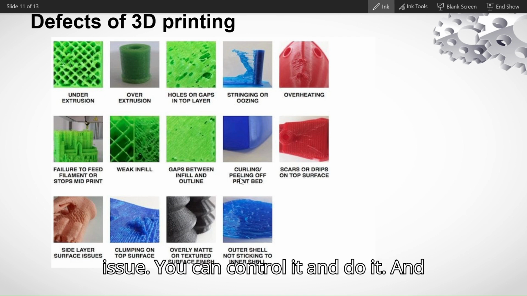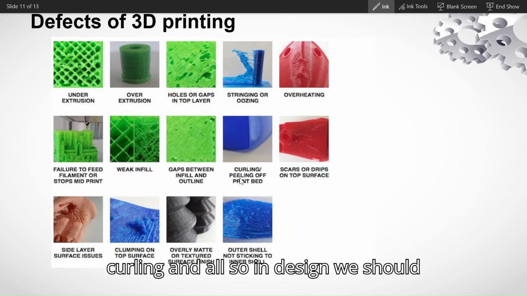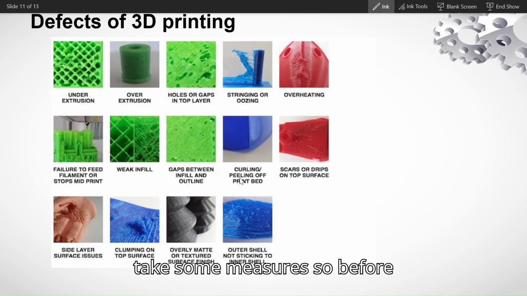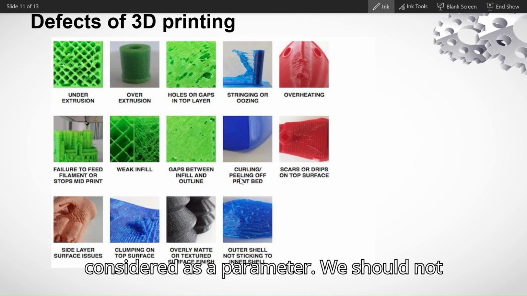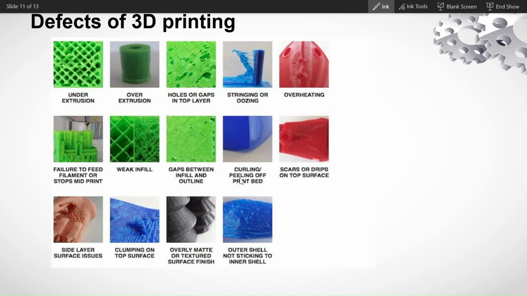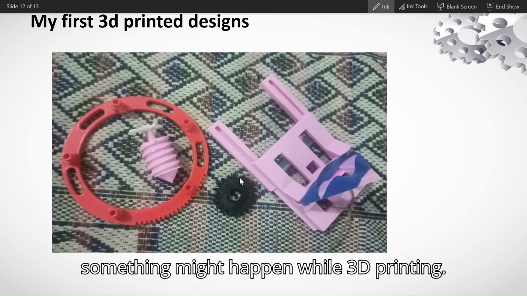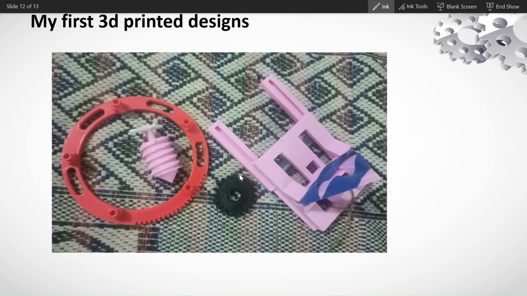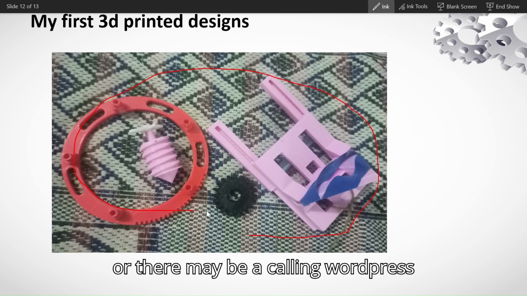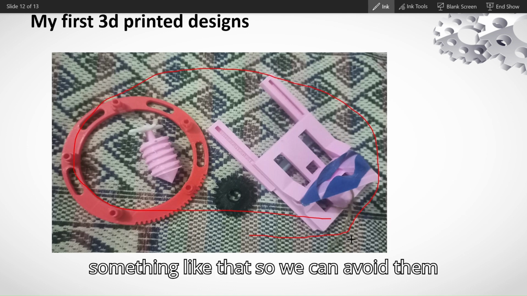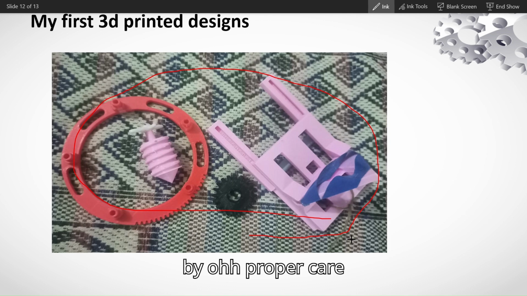For curling, in design we should also take some measures. Before designing, this should be considered as a parameter. We should not do this kind of design, because something might happen during 3D printing, like curling or warpage. We can avoid them by taking proper care.